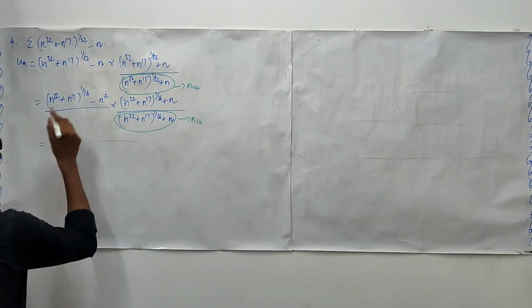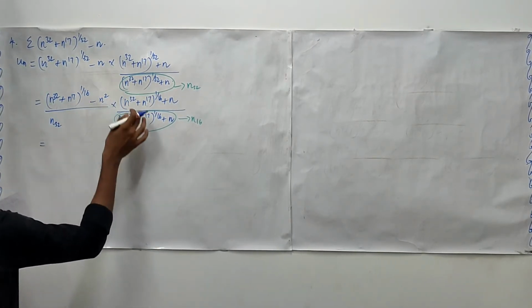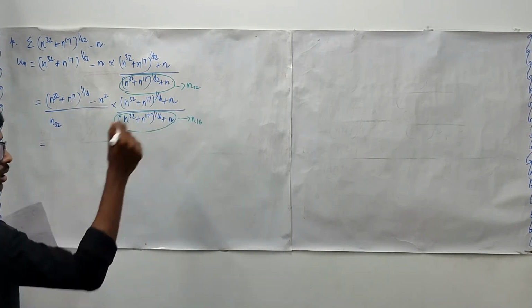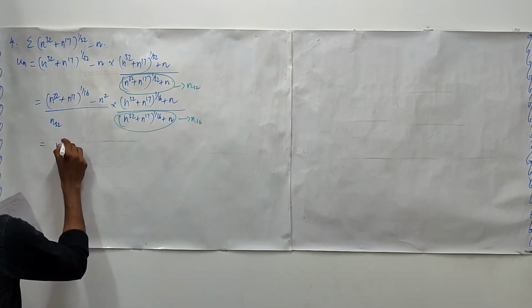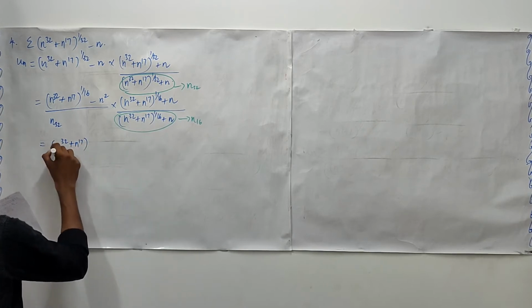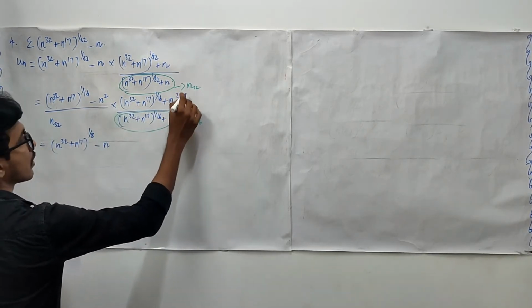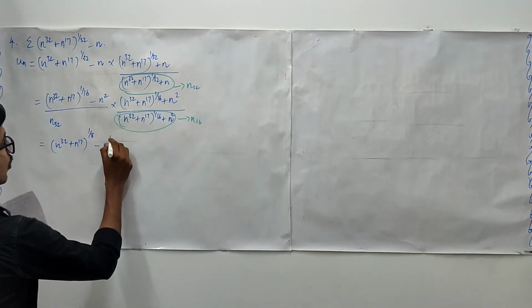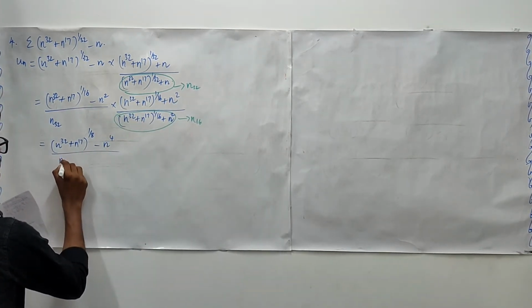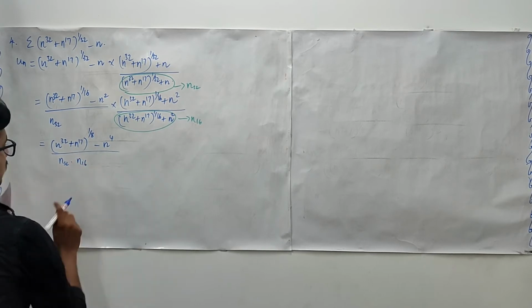And the numerator is going to become a square minus b square again. So n to the power 32 plus n to the power 17, to the power 1 upon 8, minus, sorry, here we have n square. So n to the power 4 upon n32, n16.